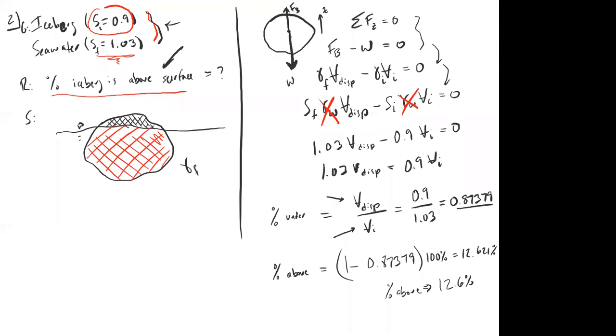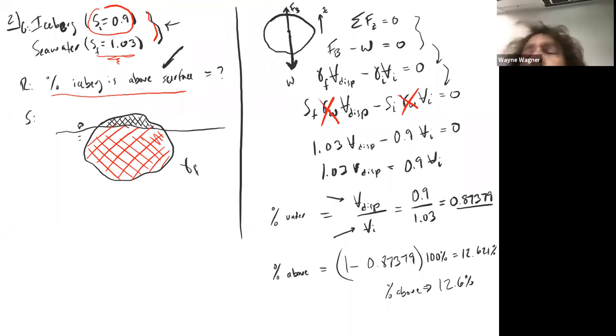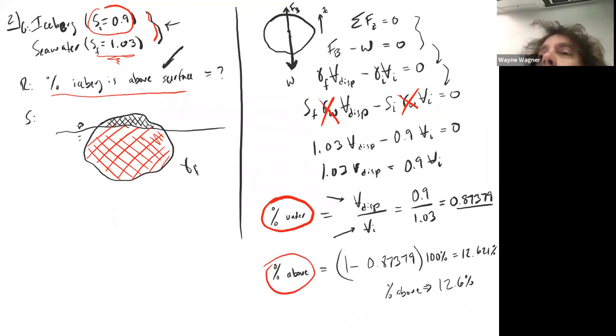Yeah. So what we're looking at is we're trying to find a percent here. We're trying to find the percent that's underwater or the percent above water, right? Either one. Ultimately we want the percent that's above.